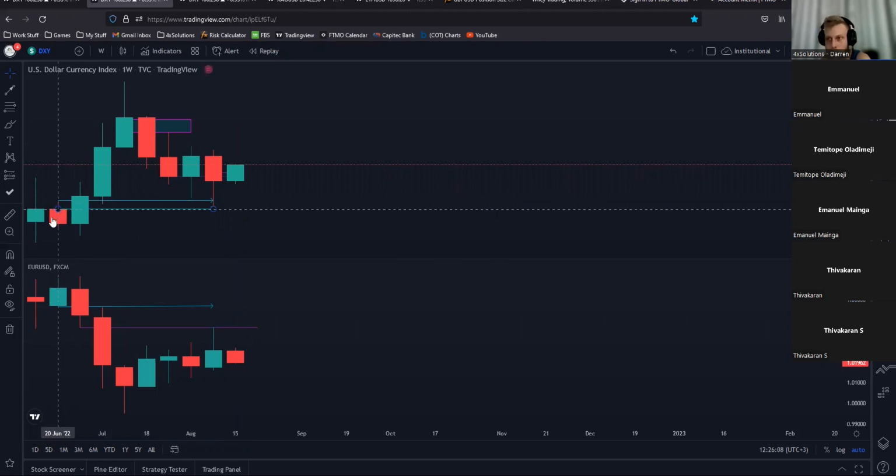That would be the order block's opening price, and over here the bearish order block's opening price, and it traded to neither on EU.